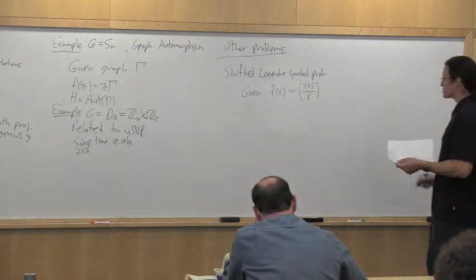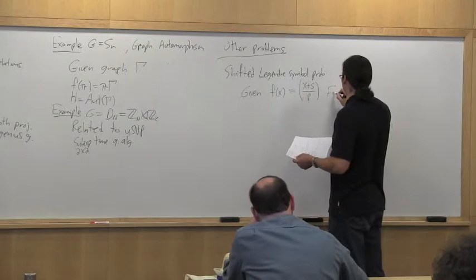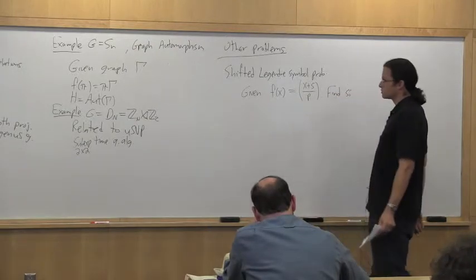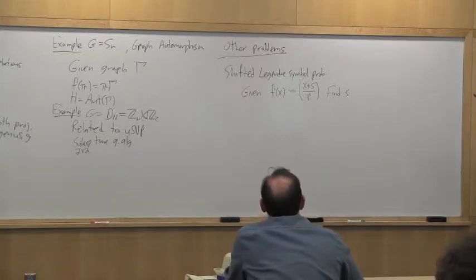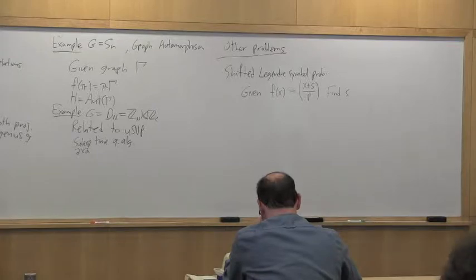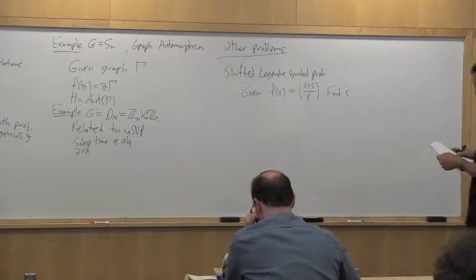And the goal is to find s, so find this shift. So this is a lot different than the hidden subgroup problem. For example, this function basically takes two values, just 1 and minus 1, right? It tells you if the number is a square or not, mod p. So the structure is very different than that.